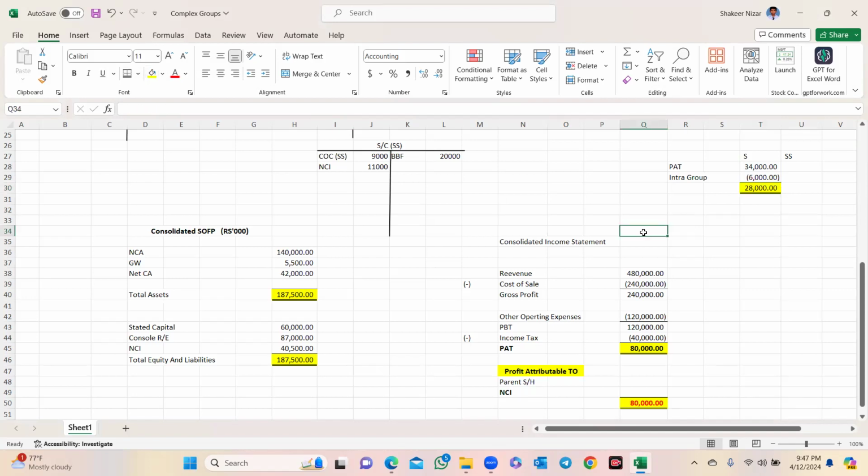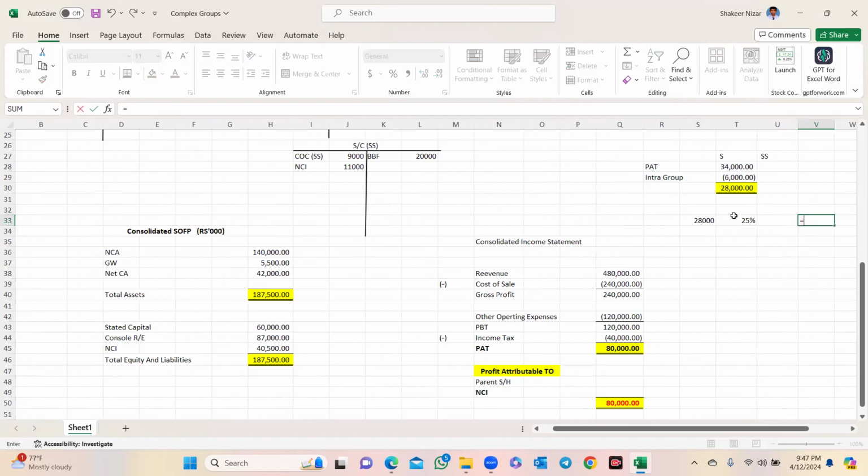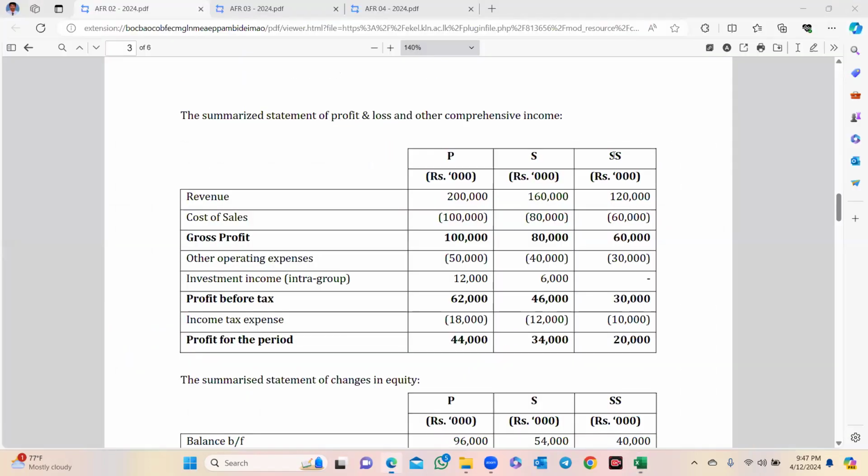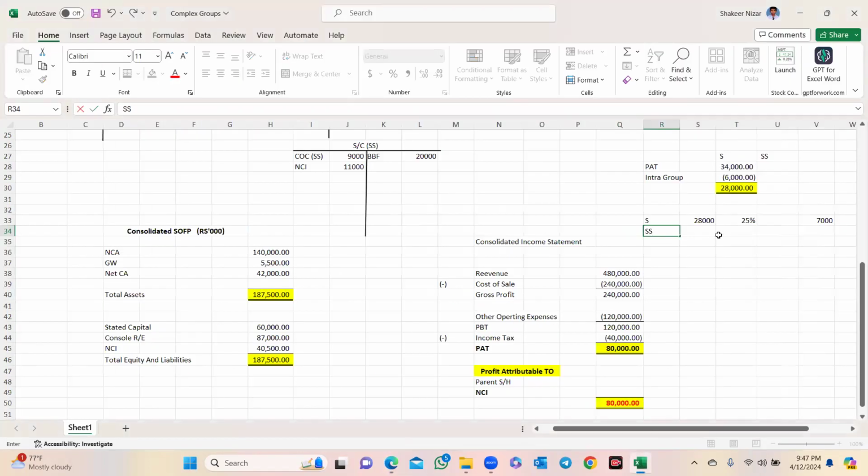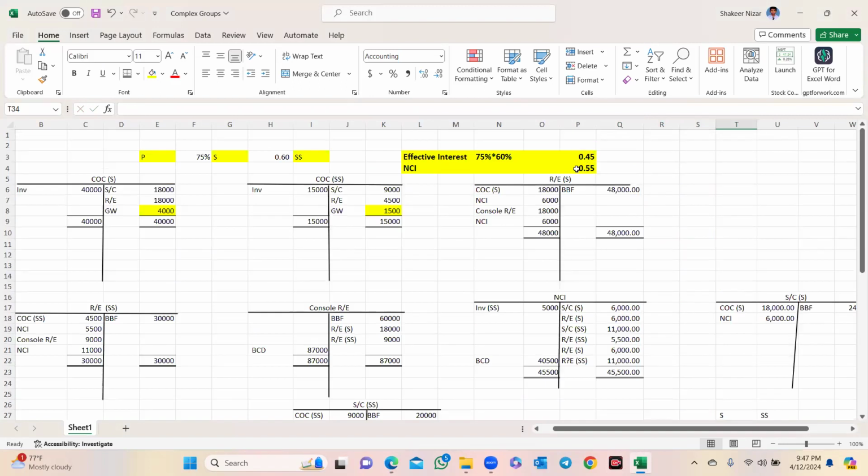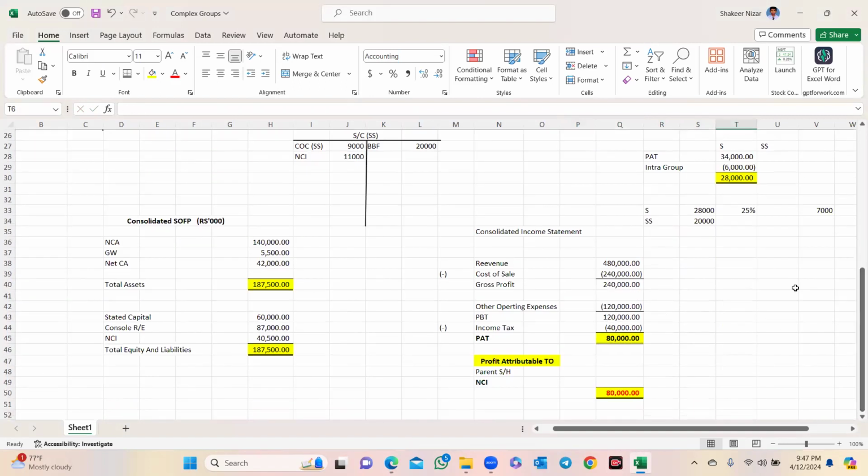Out of that 28,000, 25% goes to whom? The NCI shareholders. 28,000 into 25%, that is 7,000 from S. Then again SS: we do not have any intragroup investment income in SS, 20,000. 55% of 20,000 goes to NCI, which is 11,000.